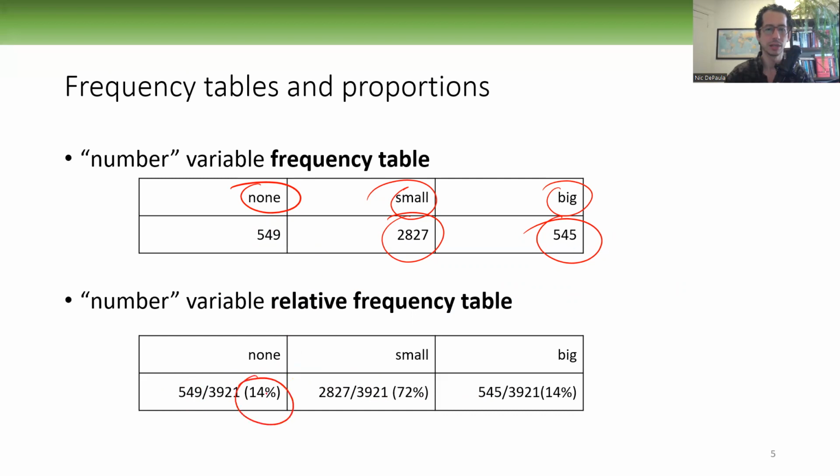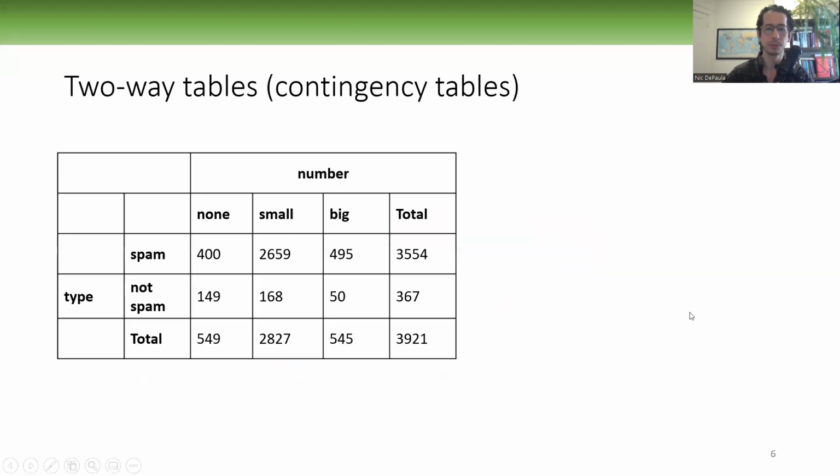And then here we write the percentage. In this table, you could write the percentage either in this format, 14%, or in a more calculable number, so this is the same as 14%, 0.14. This is 0.72, and this is 0.14, and this should sum to 100%. Of course, these numbers are rounded. That's the relative frequency table.